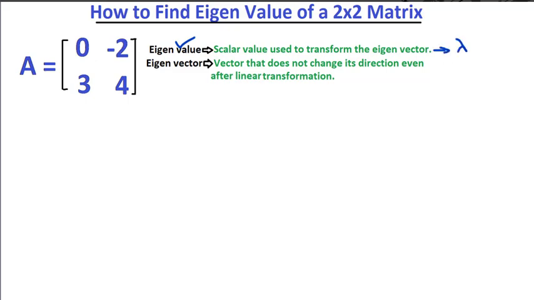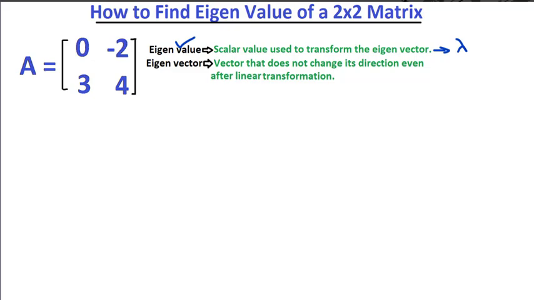Eigenvector is basically a vector that does not change its direction even after a linear transformation. Linear transformation means after rotation, scaling, or reflection, it will not change its direction. It will only be scaled, by the eigenvalue.